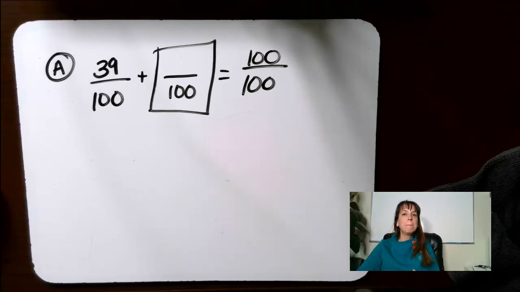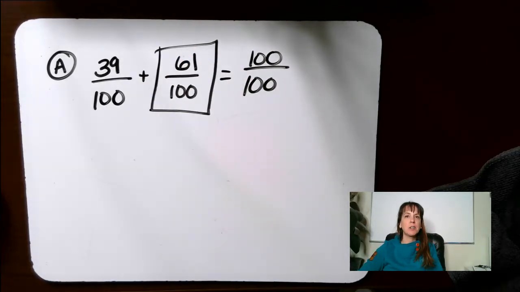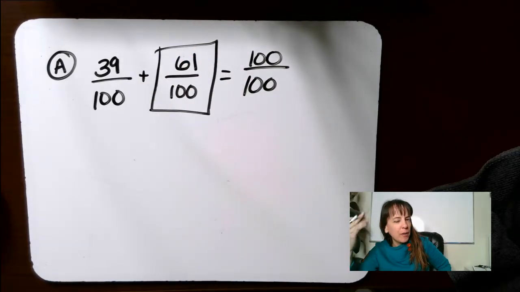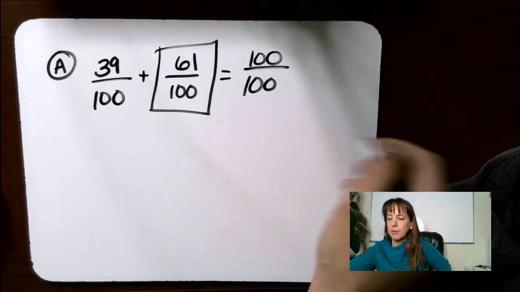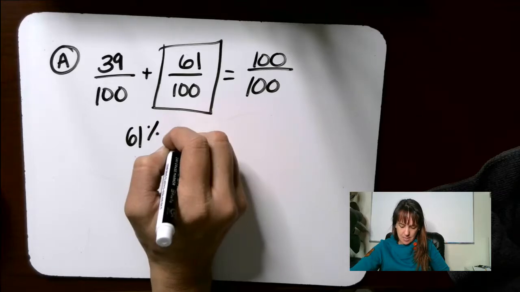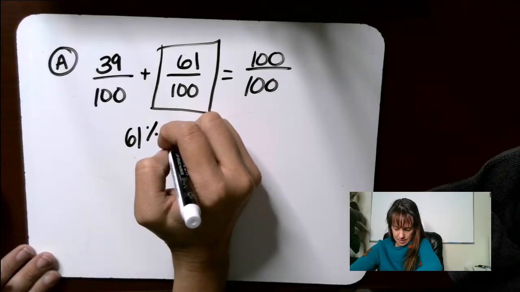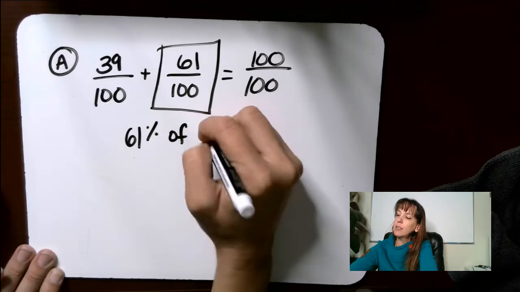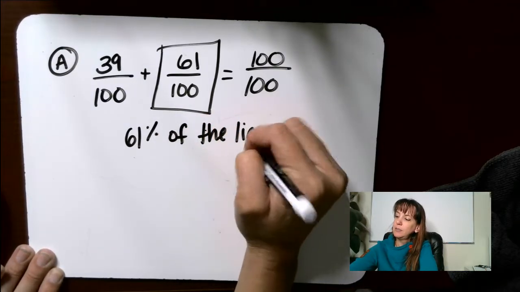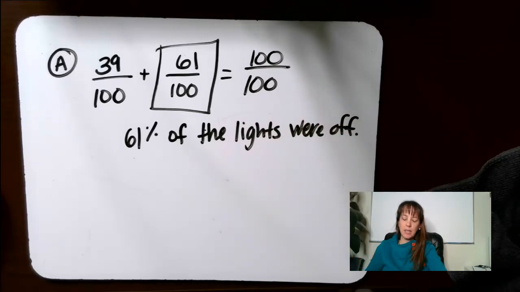So 100 minus 40 is 60, but it's going to be 61 to give us 100, right? I was just rounding to kind of show you how I do mental math. If you need to do it off to the side, that's fine too. So 61%, and again, these are word problems, write it in a sentence. 61% of the lights were off.